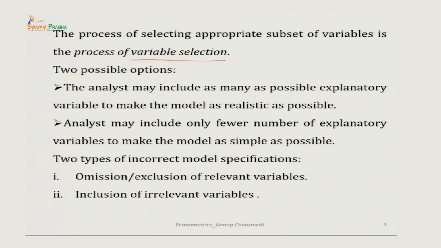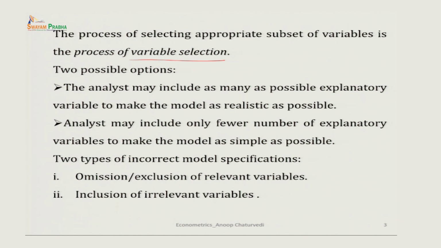So, the two types of incorrect model misspecifications are, say, omission or exclusion of relevant variables. This is possible when the analyst is very selective about selecting the explanatory variables to be included in the model, or inclusion of irrelevant variables.